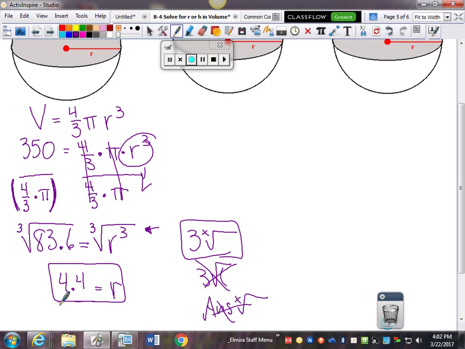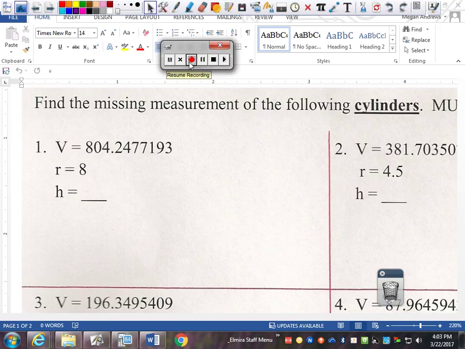Okay, now your homework is actually designed so that the ugly decimal is something you start with, and then you actually end up with kind of a nice answer that you don't have to round. So the very first section is cylinders, volume equals pi r squared h.